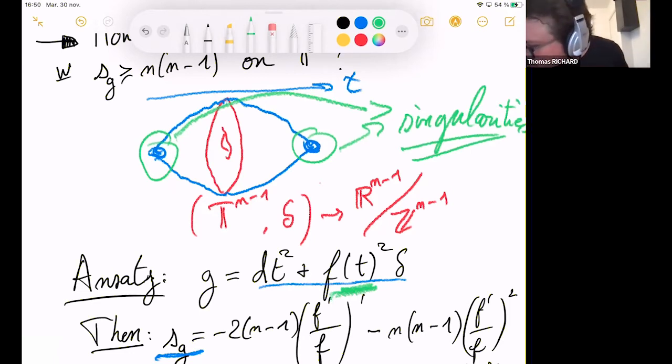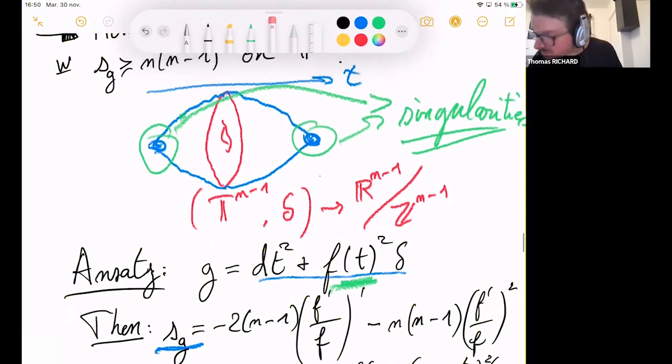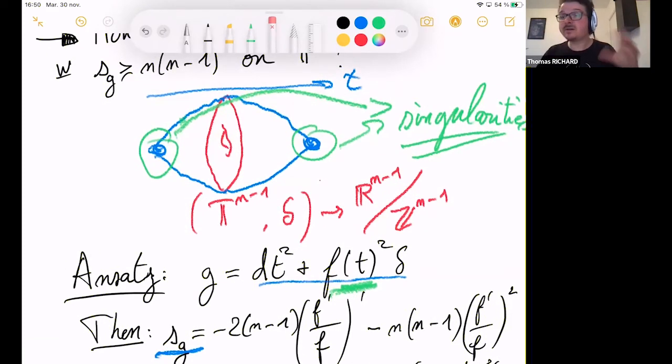If we had found something which was nice, which was like that, for instance, at some point we could have closed that and gotten a metric on the torus. But you see it never goes in the right direction for us to be able to do that. Okay. So we cannot build a flat metric with positive scalar curvature on the torus in this way.